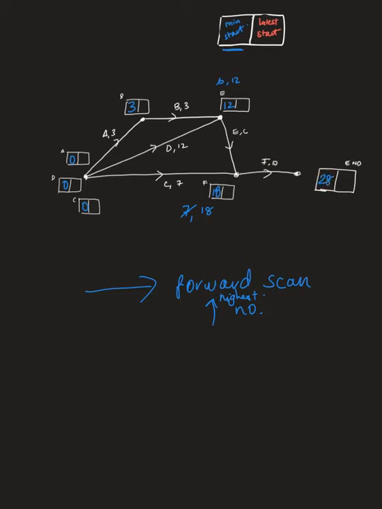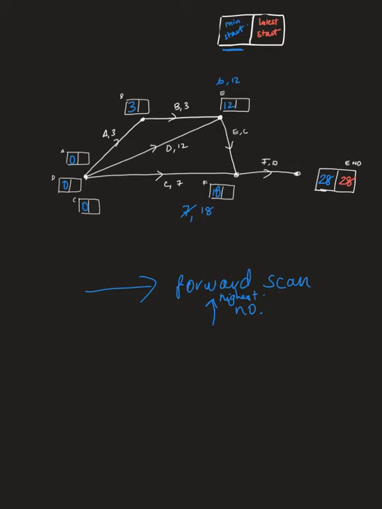Okay, now to do the backward scan, I'm going to do red for the backward scan so you can see the difference. Once you've completed the forward scan, whatever number is in the first part, the minimum start time for the end, you would put into the second box.